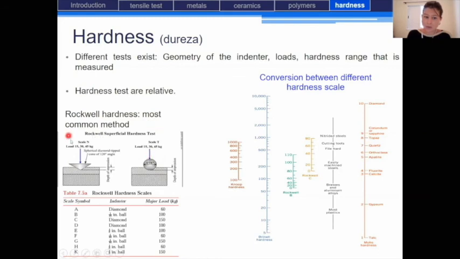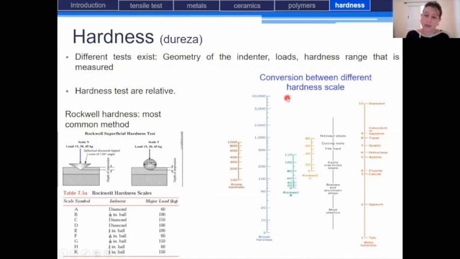The load also can vary. The hardness range that is measured also depends. Of course, if we are working with a soft material or a hard material, we are going to use different hardness scales, in fact.